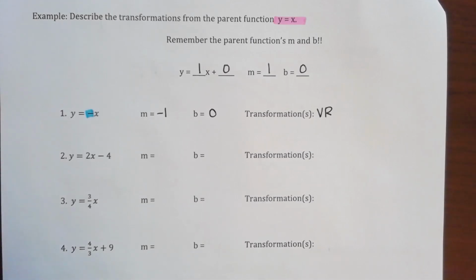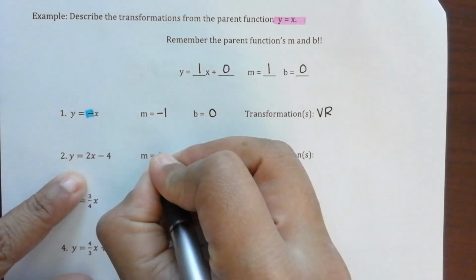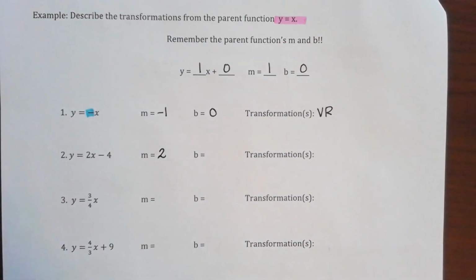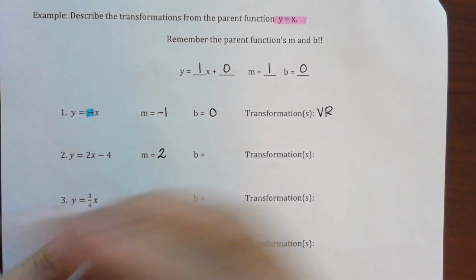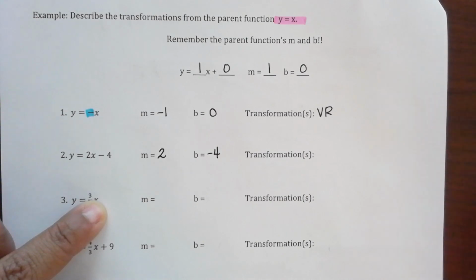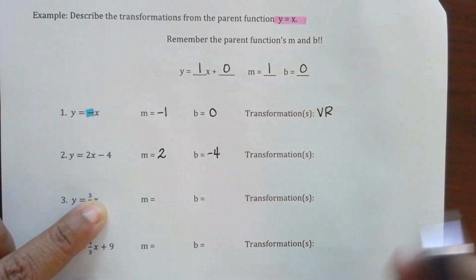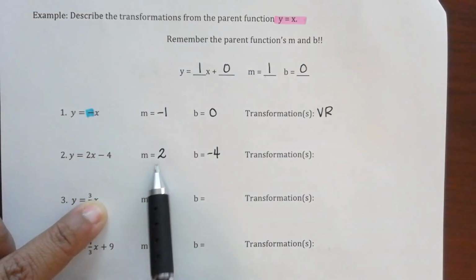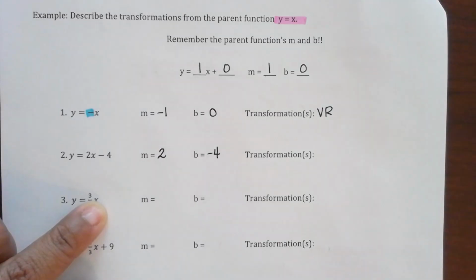Look at number 2. Y equals 2x minus 4. What's my M? 2. Just 2. Remember, it's the number. You don't take the variable with it, okay? What's B? -4. Oh, okay. So, do I see any negatives in front of M? No. But did M change from 1? Yes, into what? 2. So, if M became greater than 1, what happened?